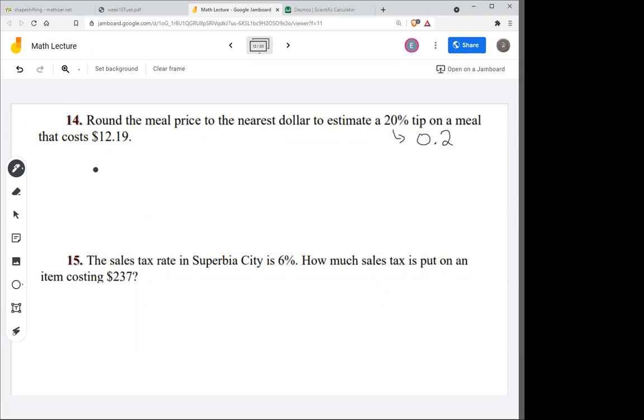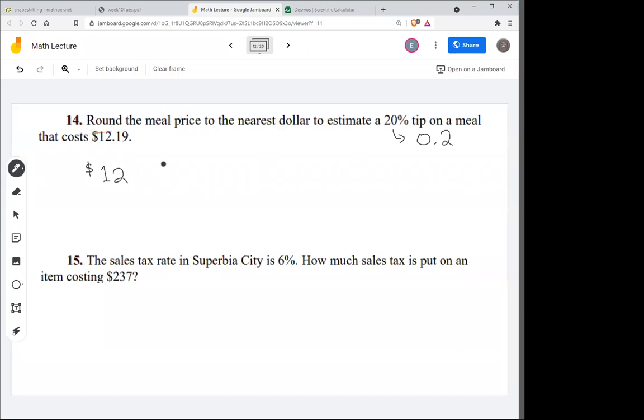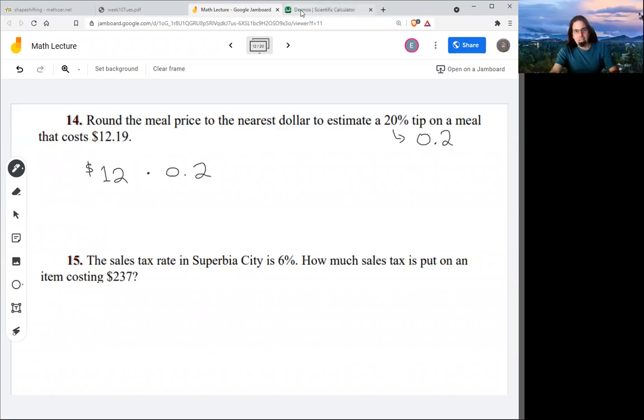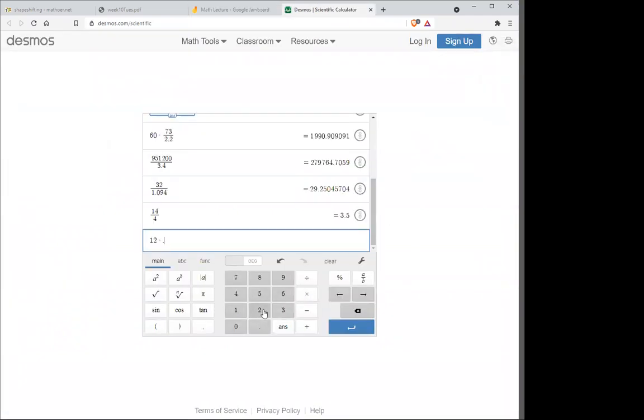You times the 1219 times the 0.2. If I was very accurate, I could, but it asked me to round, so I will do that. Since I have a calculator, this is kind of silly. Why did I bother to round?